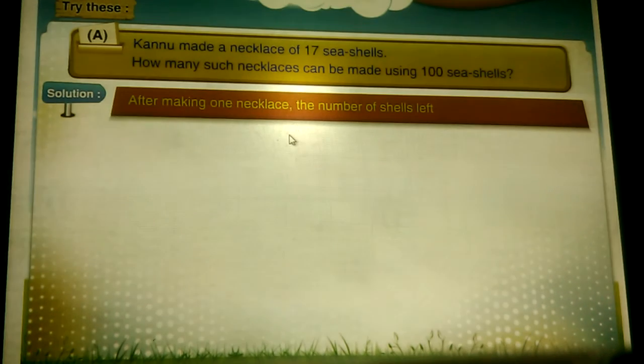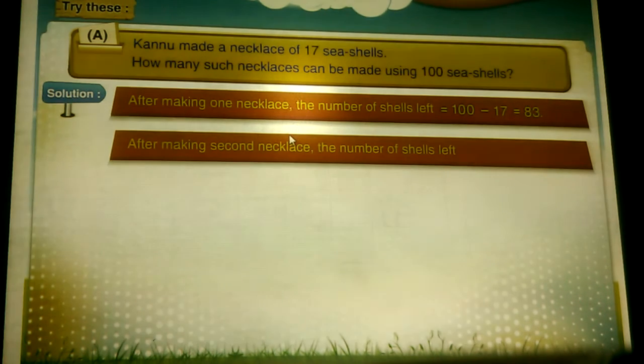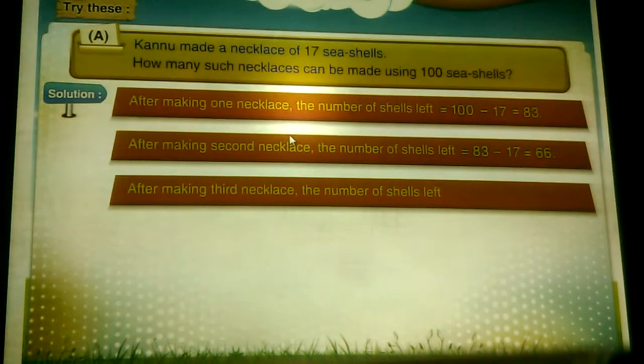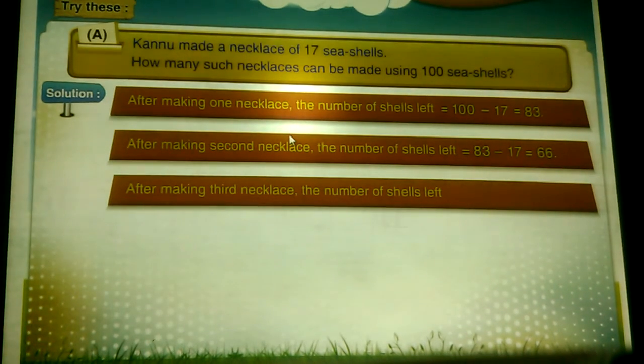After making one necklace, the number of shells left is equal to 100 minus 17, that is equal to 83. After making the second necklace, the number of shells left is equal to 83 minus 17, that is equal to 66. After making the third necklace, the number of shells left is equal to 66 minus 17, that is equal to 49.